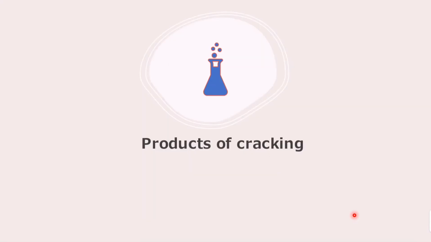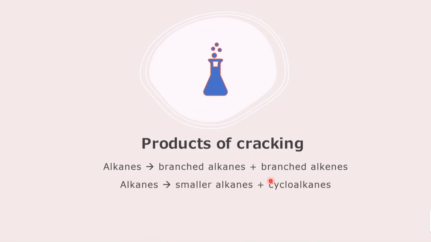So, some common products of cracking. If we crack alkanes, we can produce branched alkanes and branched alkenes. Another product of cracking alkanes is smaller alkanes and cycloalkanes.